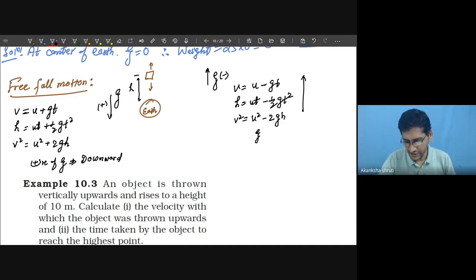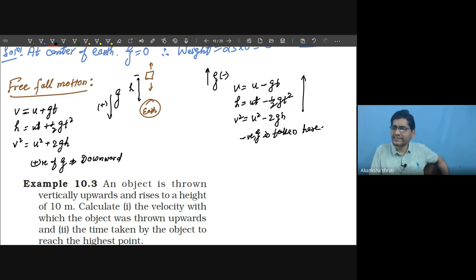That's why g is negative. But my advice is you just keep one equation set with the positive sign in your mind, and if the body is moving upward, then take g as negative. No need to mug up the equations with the negative sign.